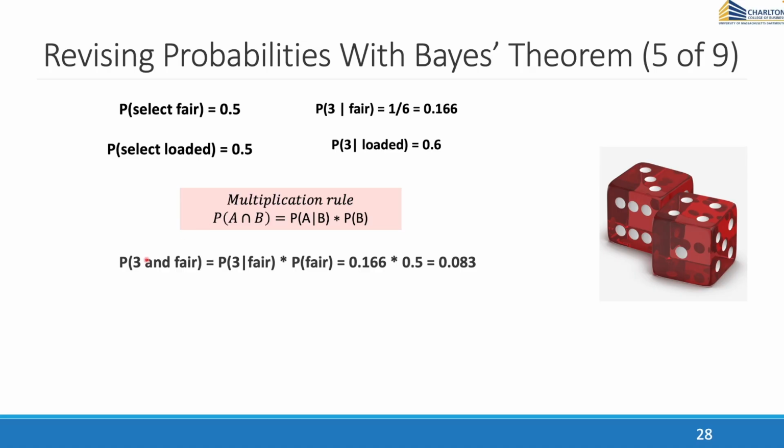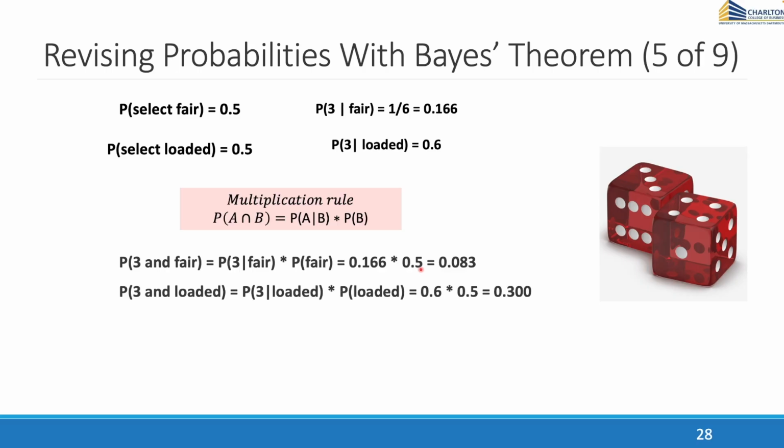The probability of getting 3 and using the fair die is the probability of 3, given that it's fair, multiplied by the probability of selecting a fair die. So that would equal 0.166, the probability of 3 given that the die is fair, multiplied by the 50% chance that we select the fair die.